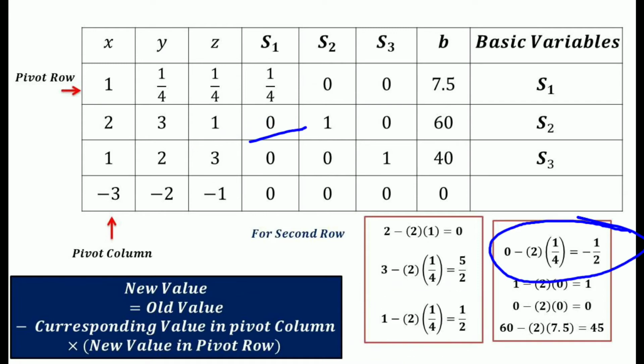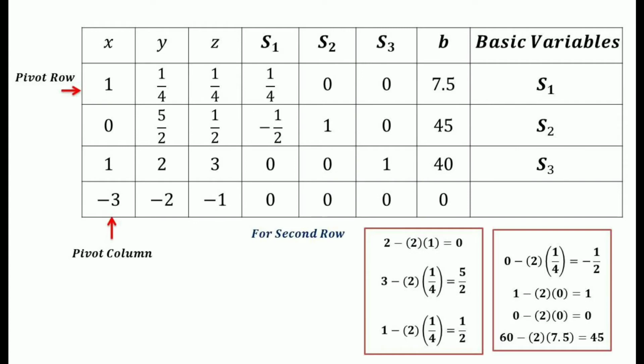For the fourth element, that is 0 minus 2 into 1 upon 4, which is equal to minus 1 upon 2. Then for the fifth element, that is 1 minus 2 into 0, which is equal to 1. For the sixth element, that is 0 minus 2 into 0, which is equal to 0. And for the last element, that is 6 minus 2 into 7.5, which is equal to 45.